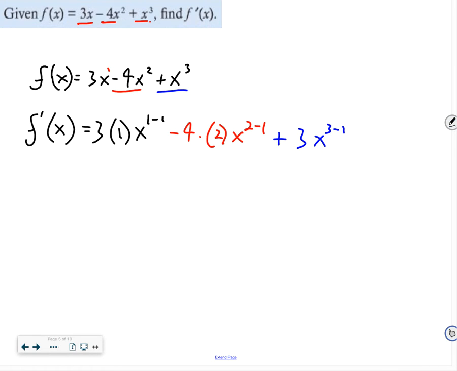So now if I simplify this, I'm just going to get 3 x to the 0, which is just equal to 1. Anything to the 0 power is 1. So I get 3, and I get negative 4 times 2, so I get minus 8x, 2 minus 1 is to the first power, plus 3x squared. So this is my gradient function f prime of x.